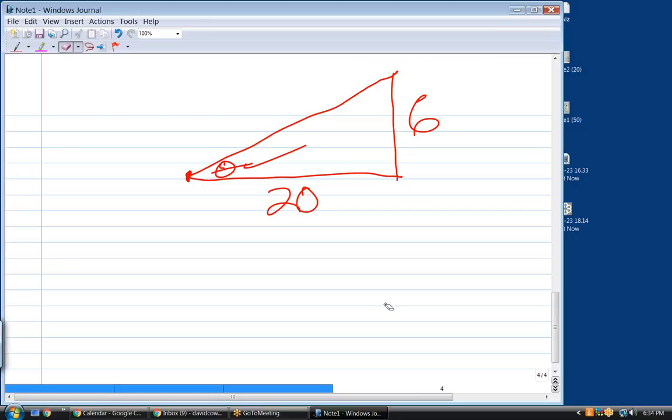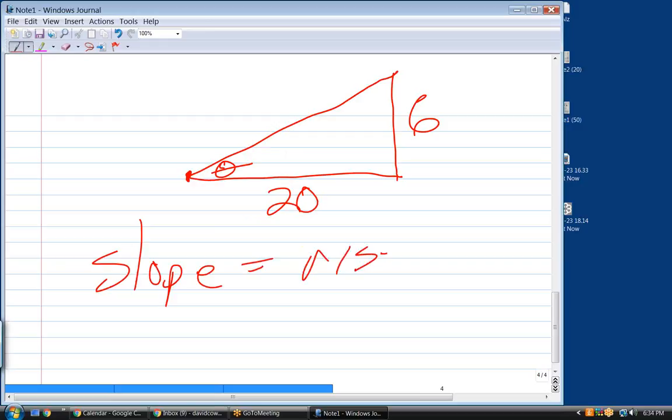The gradient is a European term that means the same as slope. What's the slope of this line right here, this hypotenuse? Slope is rise over run.